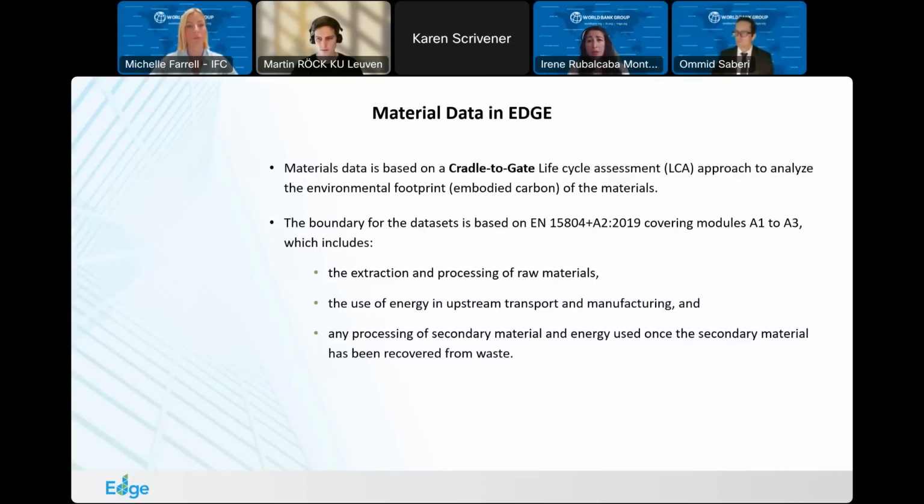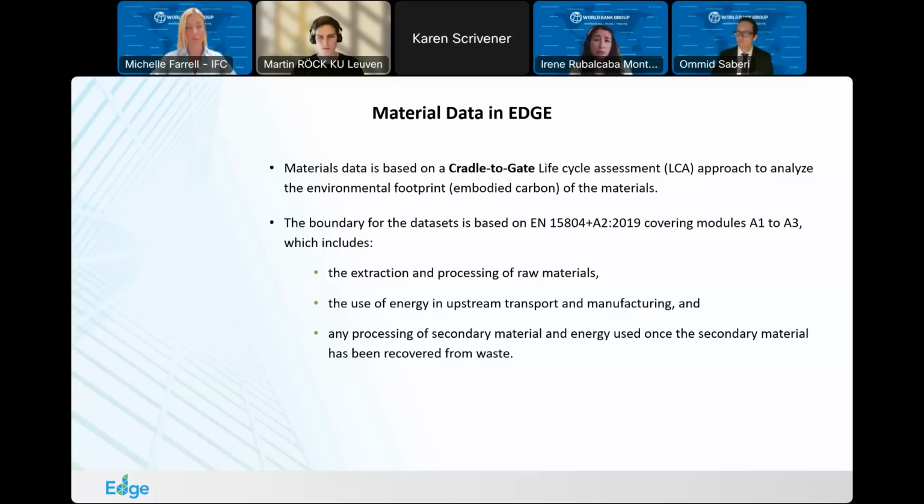Each embodied carbon indicator is reported as global warming potential in kilograms of CO2 equivalent. The system boundary for the data sets is based on the standard EN 15804 that covers modules A1 to A3. Martin already explained these different modules. So our approach for embodied carbon is A1 to A3, which is also known as cradle to gate.